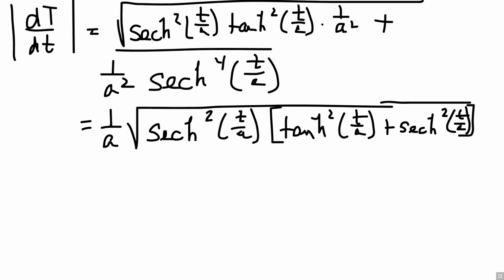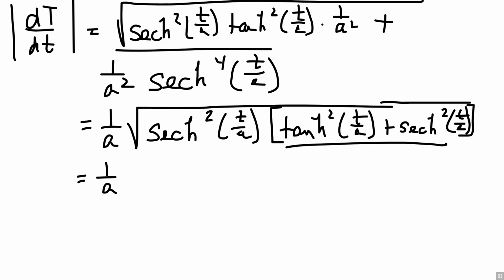Okay, and then by your identities, the second piece here is 1.